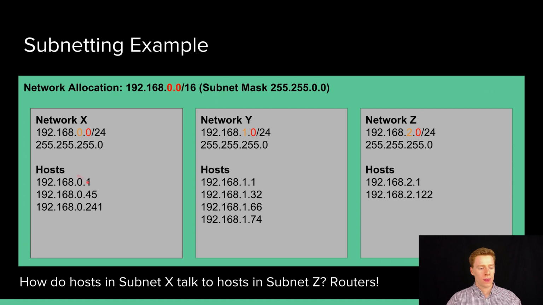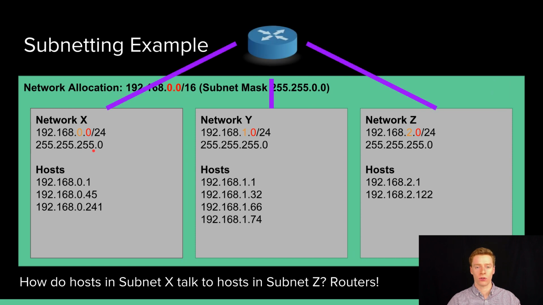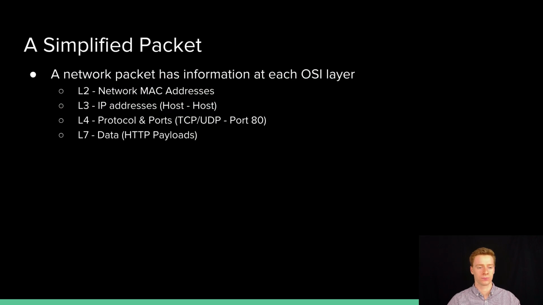Well, this host is going to look and say, using this subnet mask, I can see that 2.1 is not in my network. And it's going to say, okay, I need to send it to my router. So it'll send it to a router, and then the router will forward it on to the relevant network. And we're going to have a look at that in a bit more detail right now.